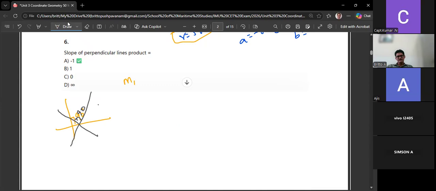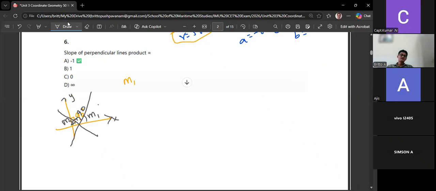The first line makes an angle with the x-axis, which gives the slope, and we take it as m1. Similarly, the second line makes an angle with the x-axis, and its slope we take as m2.